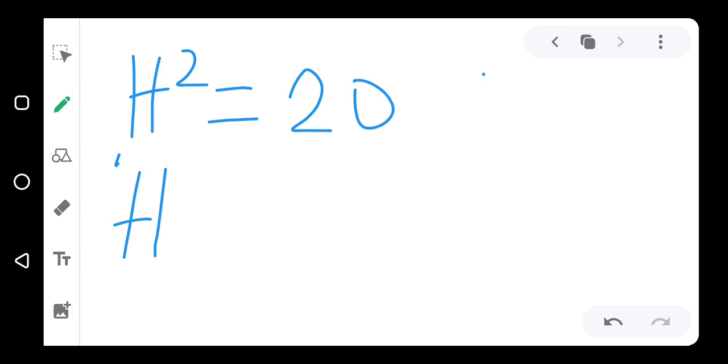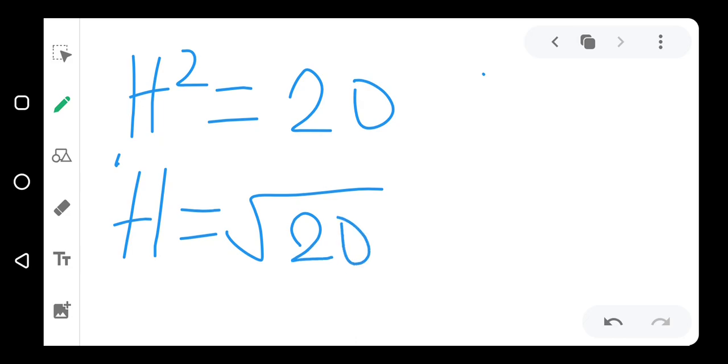So the H remaining alone is going to be root 20. Root 20, is there any perfect square inside 20?